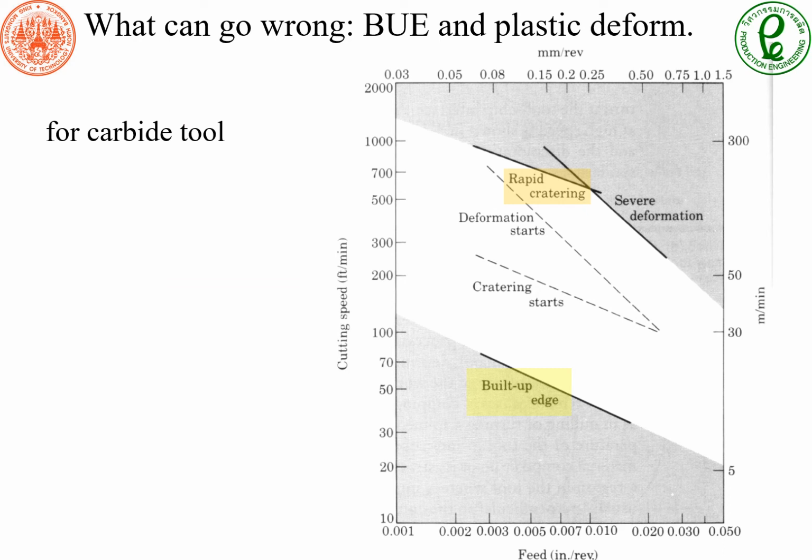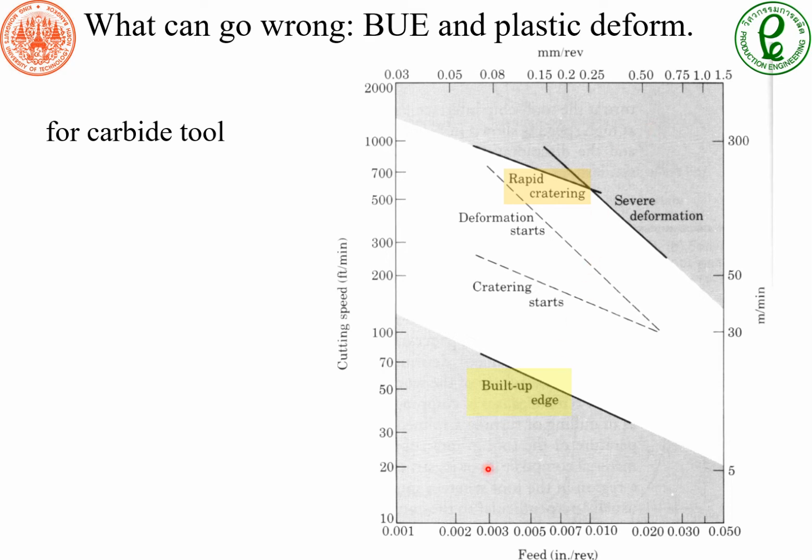Now, the cutting speed and the feed rate are very important, because you can select them. If we want to be very fast, we can select a high feed rate and high cutting speed, and that would create really large, severe deformation for the cutting tool. The tool will start to have a lot of cratering, so the tool would wear out very quickly.